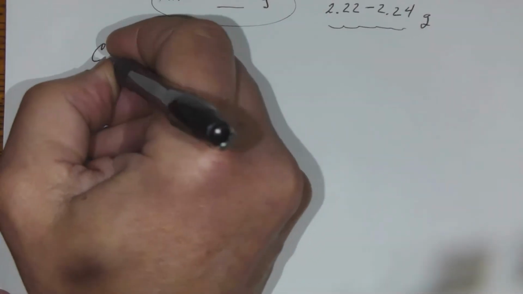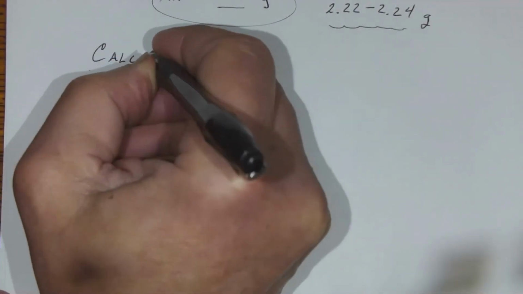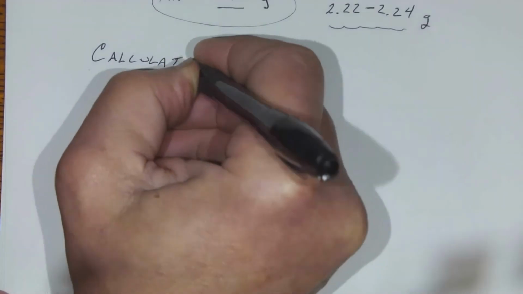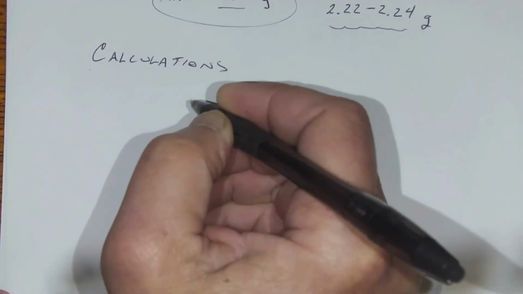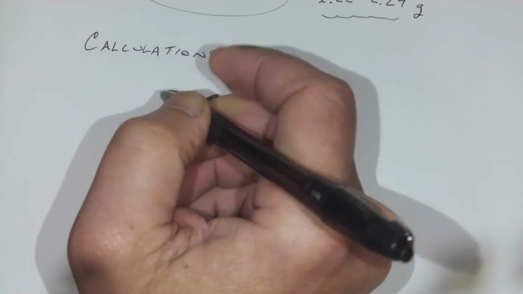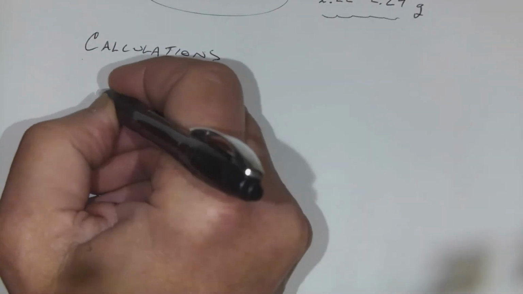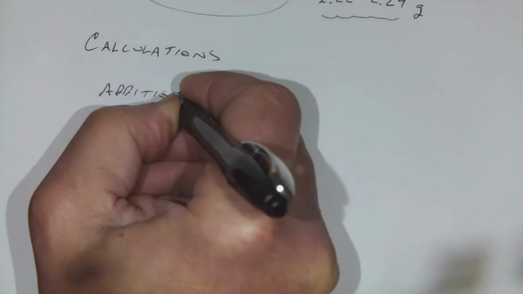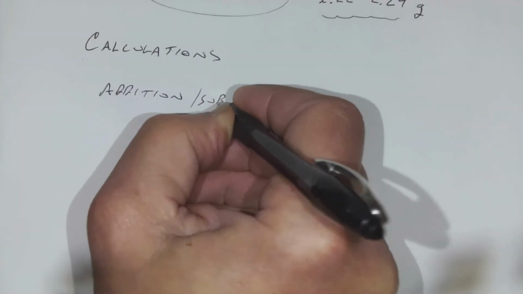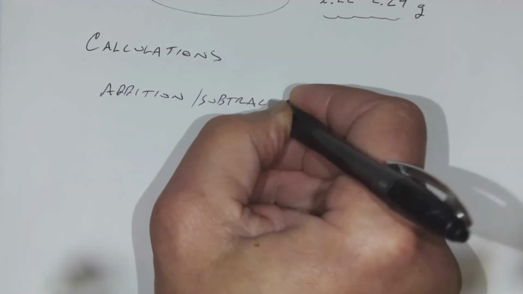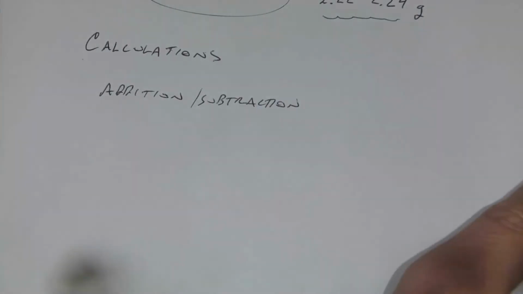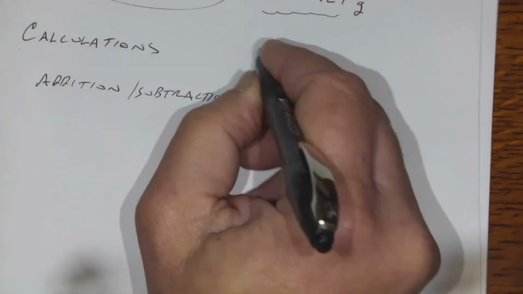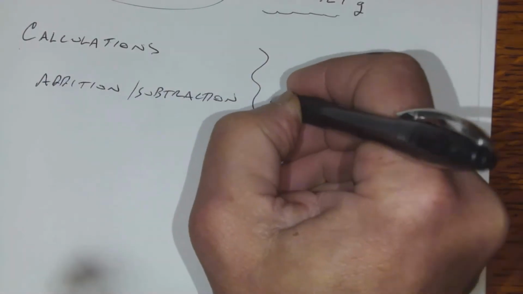So if we were to look at calculations using SigFigs, a point that I tell people to remember is that addition and subtraction are different and treated differently than multiplication and division.